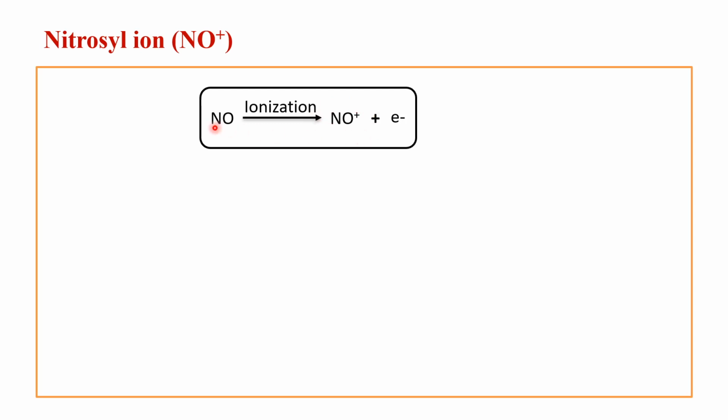So for the formation of NO plus from NO, there is loss of one electron. That one electron is removed from the last, the antibonding pi asterisk 2py orbital.